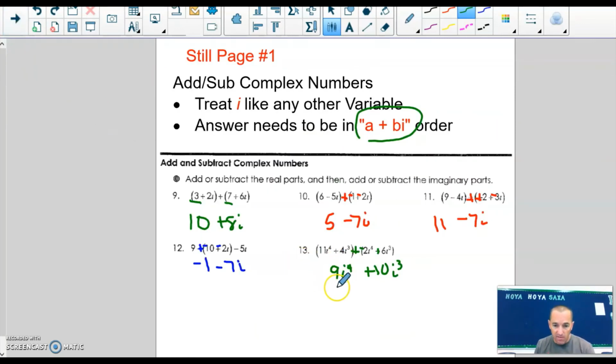So what you have is 9 times 1 plus 10 times, y'all remember what i to the third was? That was negative i. And so you're almost done here. 9 times 1 is 9. And then you have 10 times negative i, which is going to be negative 10i. And that is your finished addition and subtraction.